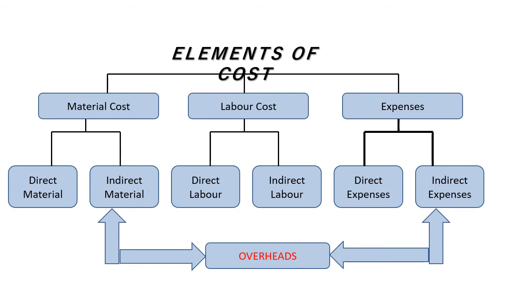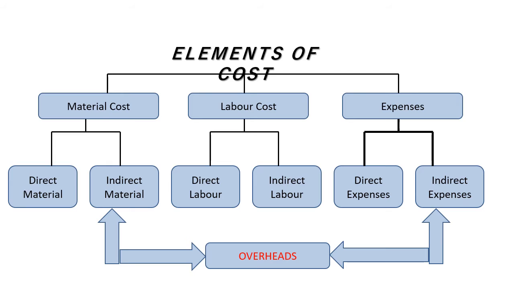Labor cost is divided into two parts. First is direct labor. It consists of wages paid to workers directly engaged in converting raw materials into finished products. The second is indirect labor. It is not directly engaged in the production operation, but only assists or helps in the production operation.